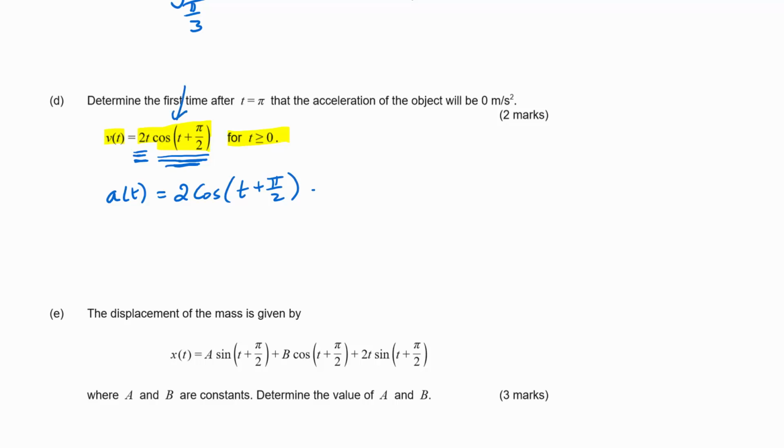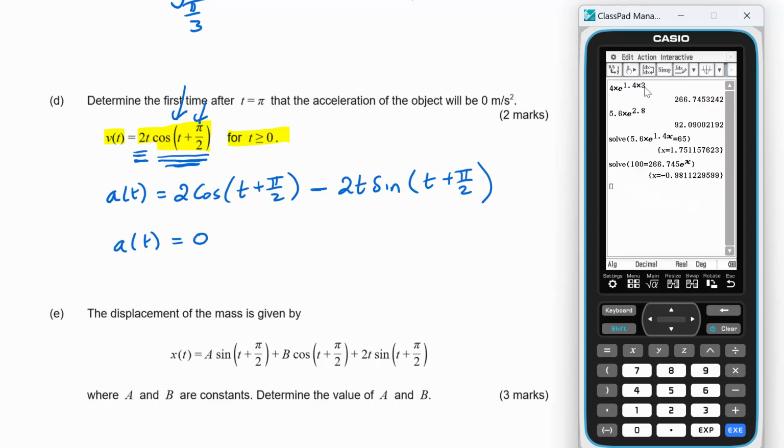Differentiating cos is going to give us negative sine, so it's going to be negative 2t sin(t + pi/2), and the argument won't change. And as I say, you could do that on the ClassPad. And then we just want a of t to be equal to 0, so we can just solve on the ClassPad.